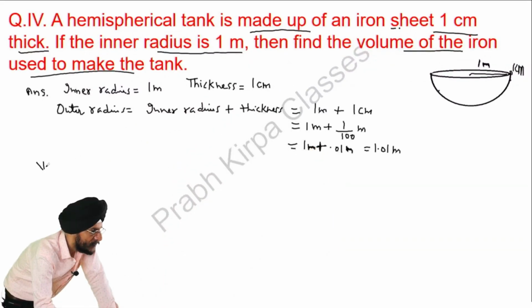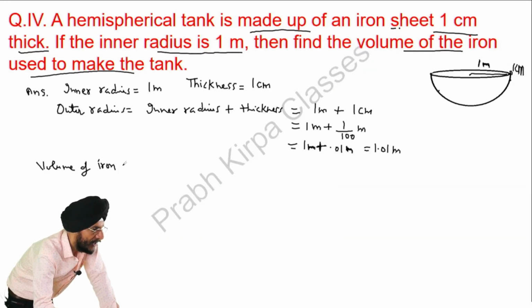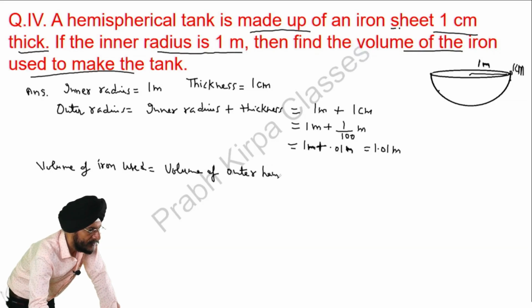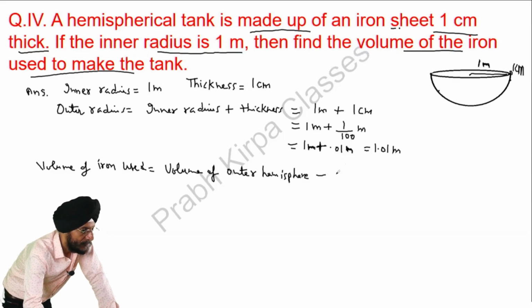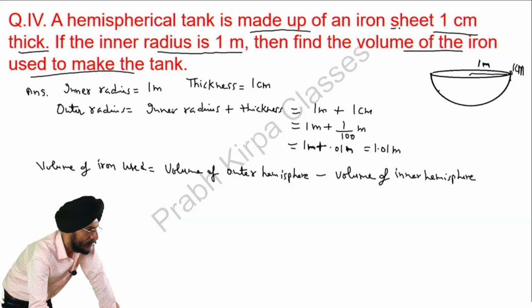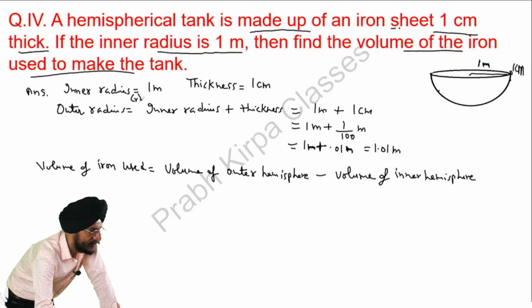So volume of iron used is equal to volume of outer hemisphere minus volume of inner hemisphere. We will take the inner radius as small r.